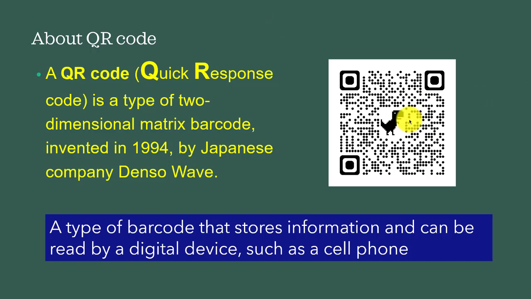So this QR code is a barcode invented in 1994 by Denso Wave. Denso Wave is a Japanese company. They designed this, and everywhere you turn these days, every corner, adverts and all that, they will say scan this QR code. So QR code is important. It's a type of barcode that stores information and can be read by a digital device.